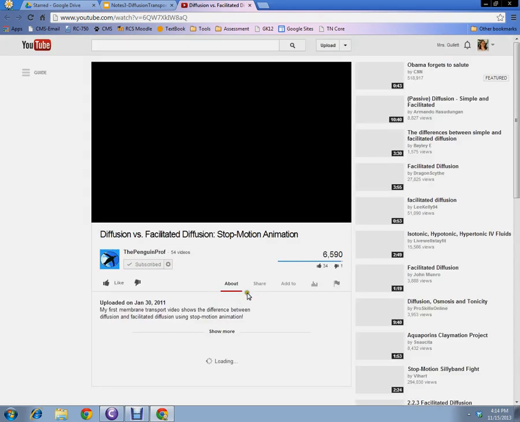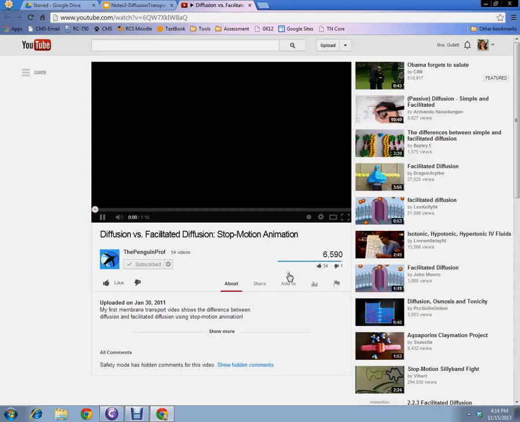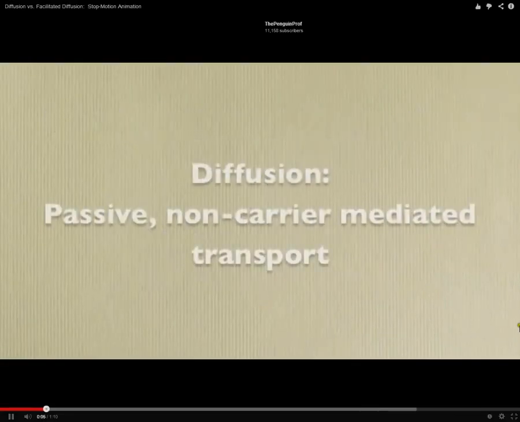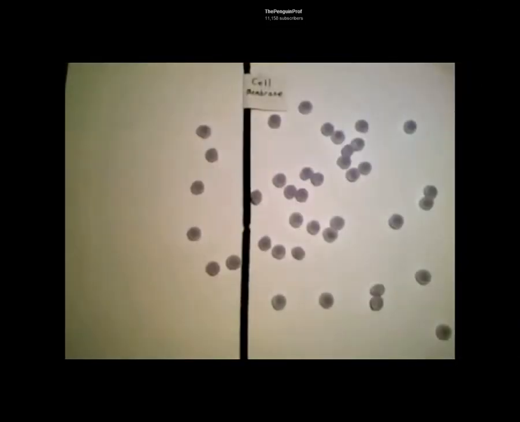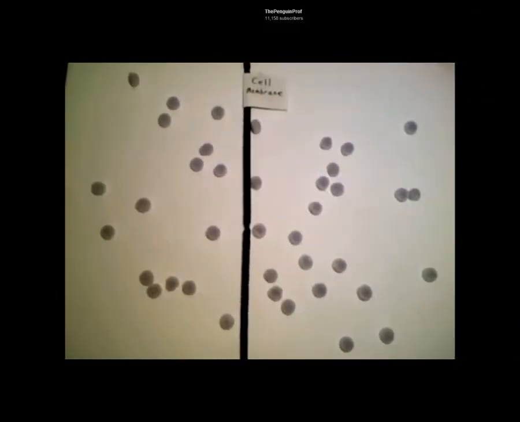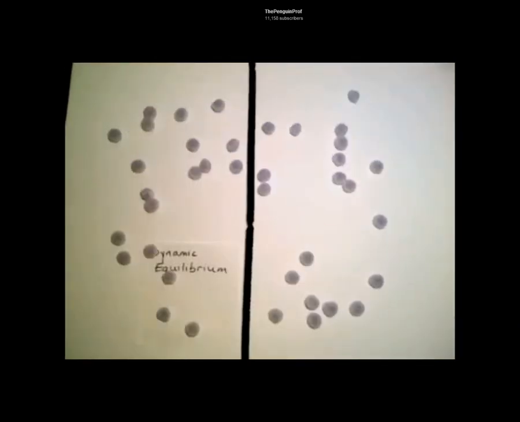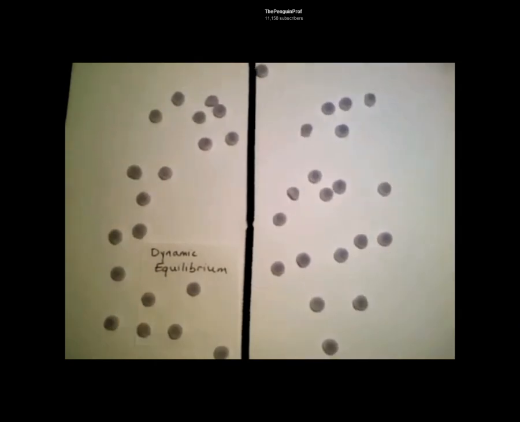So I'm going to put this in here. Notice the particles are still moving.